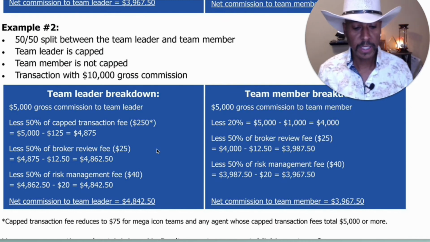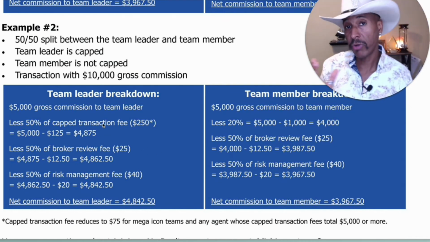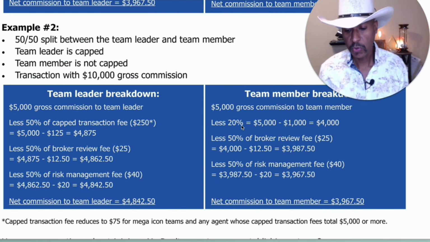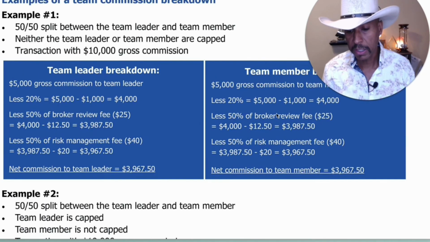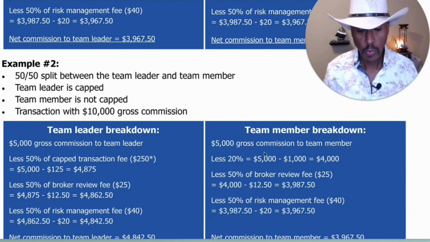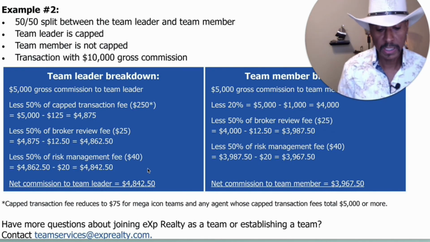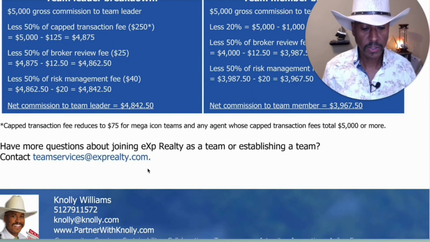So again, you're just paying half of the capped transaction fee of $250. They're paying 20%. So their side looks exactly the same as it did before, whereas your side being capped, you're essentially getting a different calculation on that.